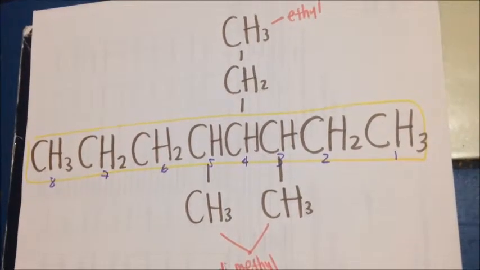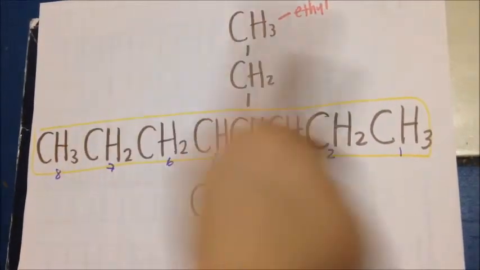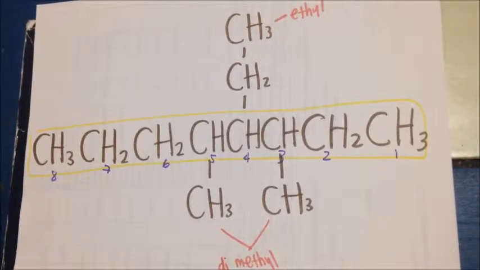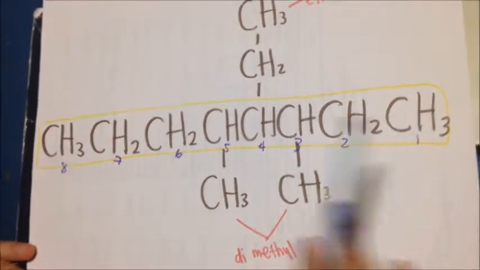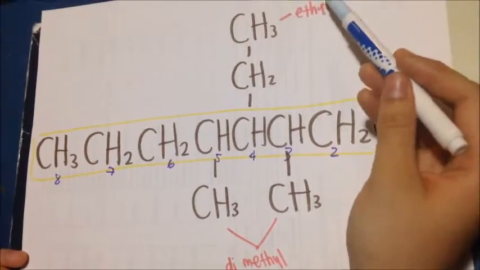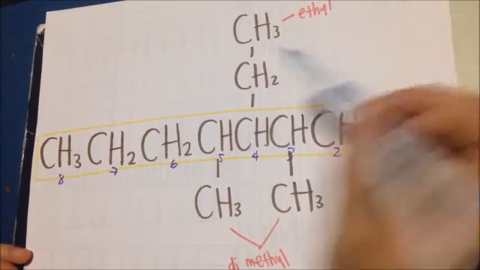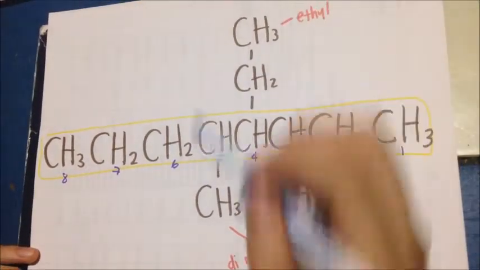Then I am going to name the chain, the alkane. Here we have to order it by alphabetical order. And in this case, ethyl goes first, then methyl.